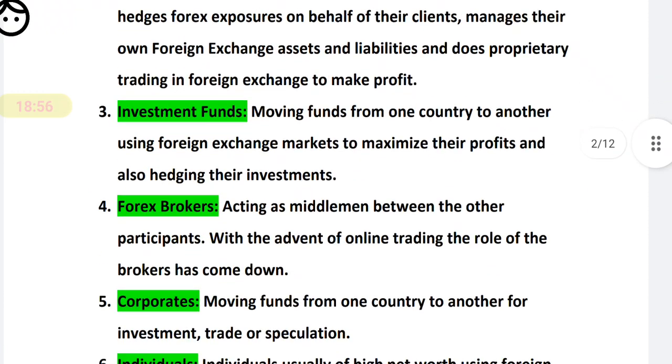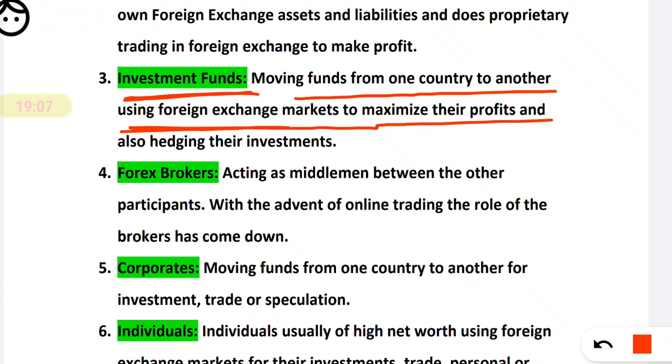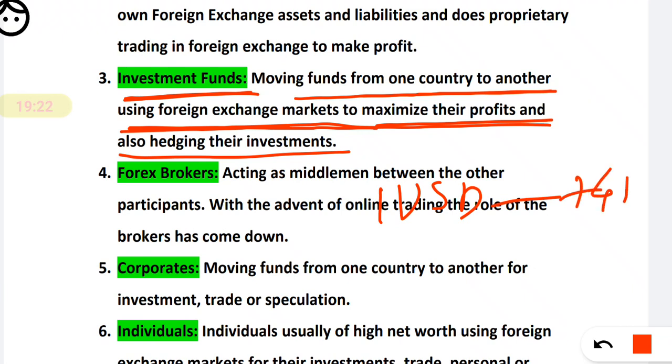Now, investment funds can also participate. How? Moving funds from one currency to another using the foreign exchange market to maximize their profit, and also hedging their investment. For example, you have $1 and you purchased it at a rate of 78 Indian rupees.